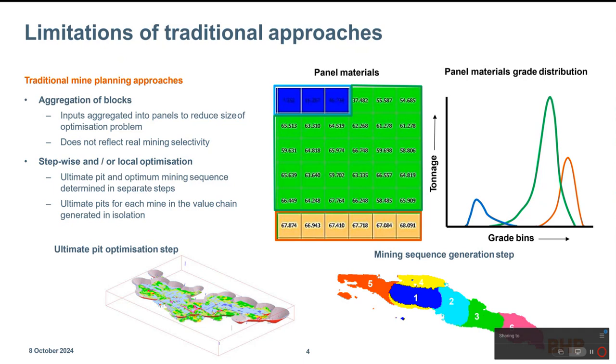Another issue is around the stepwise or local optimization, the fact that the ultimate pit is determined separately, at a different stage, to the definition of the mining sequence. And also, if there are multiple pits in the mining complex, they will be optimised independently of each other.